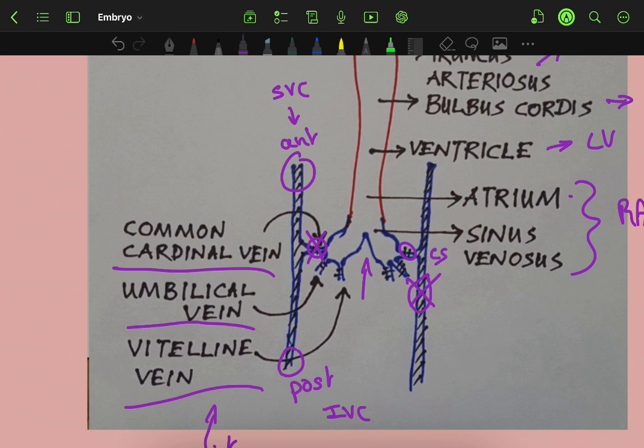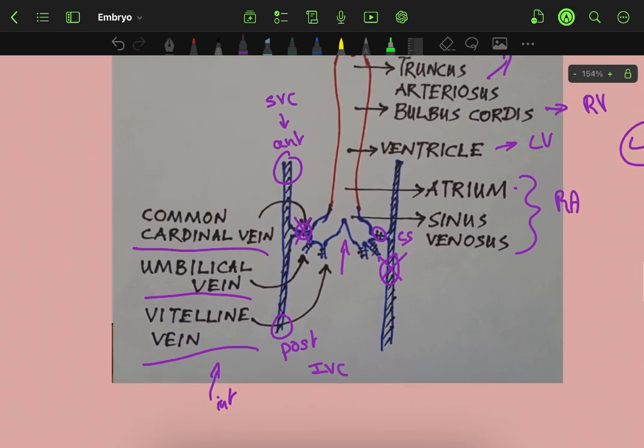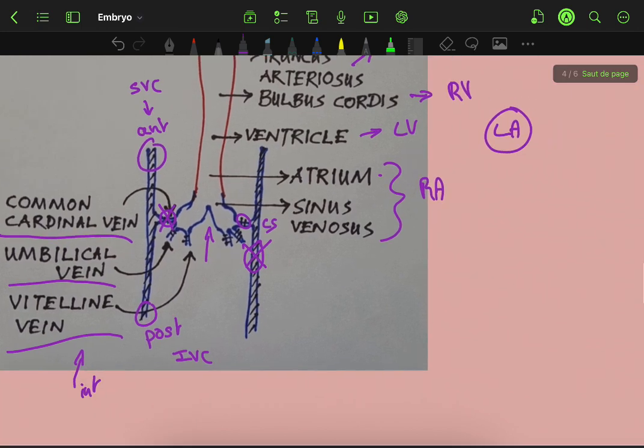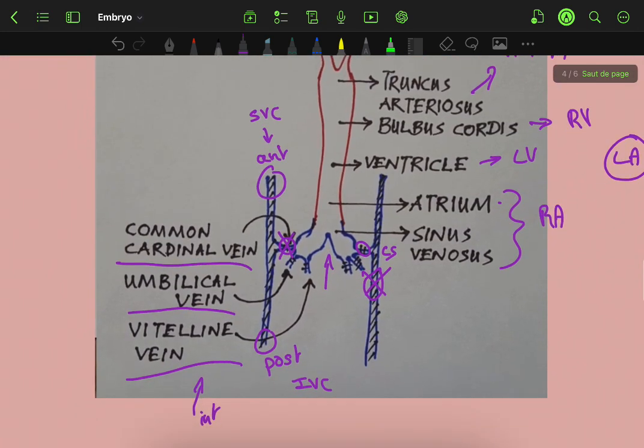Okay. In some patients, you can see problems with having two superior vena cava. When you have two superior vena cava, this left common cardinal vein will not disappear and it will persist, and that will cause this problem.